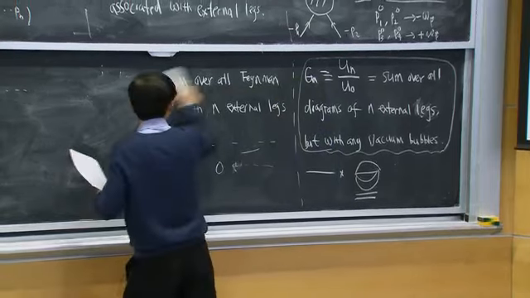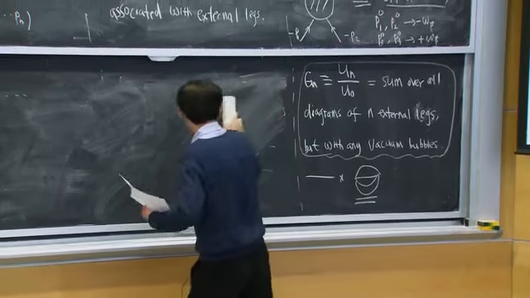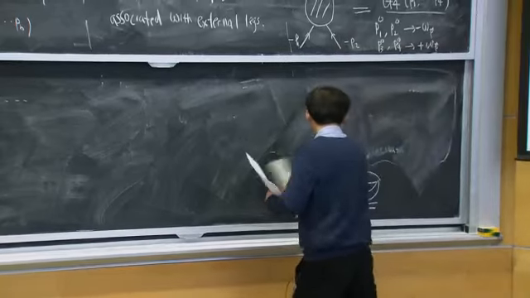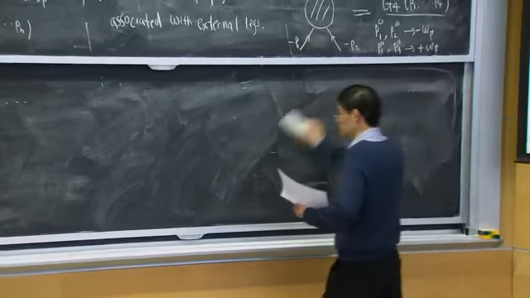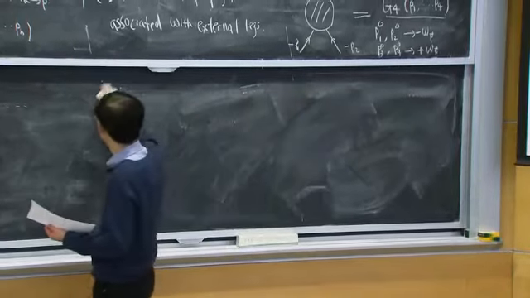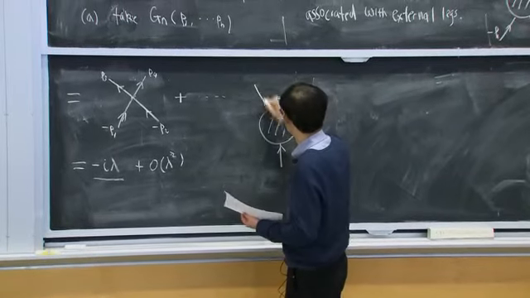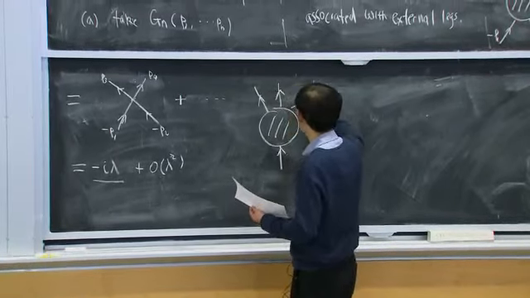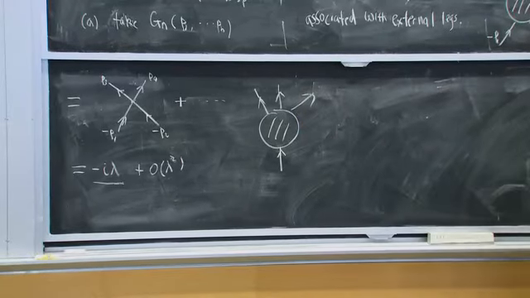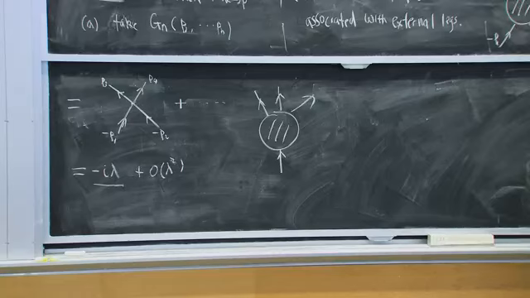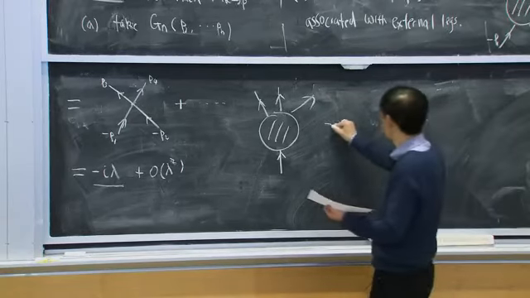Another possibility: say we want to consider the decay of a particle into three other particles. So in this case, again we take G4.